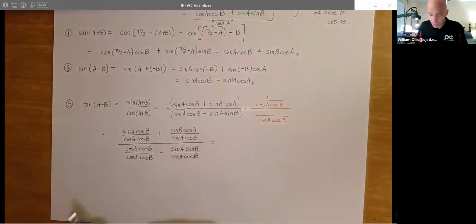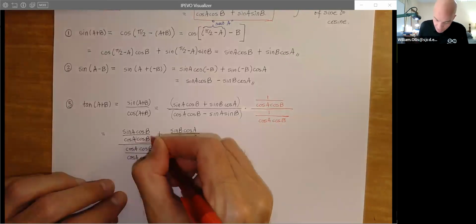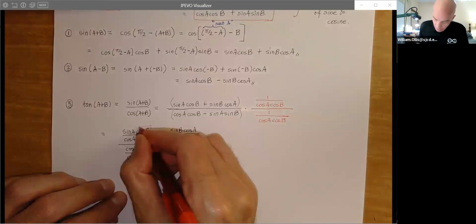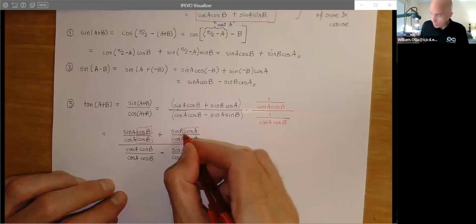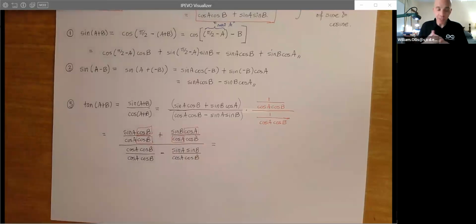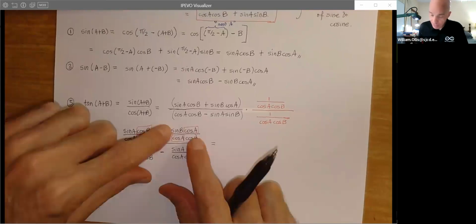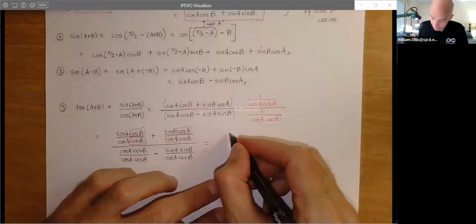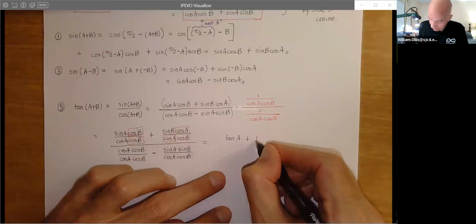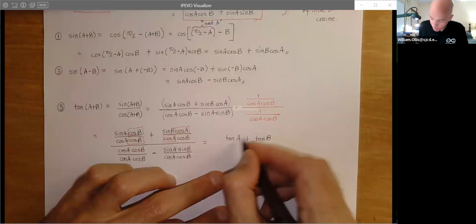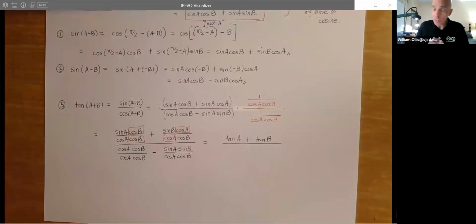So now what we can do is notice that the cosine B's absorbed, and here the cosine A's absorbed. So that really simplifies the numerator and gives us, again, a tan A and a tangent B, which is what we wanted. So that's a technique we've used before, and you'll certainly use again, a convenient one, so to speak.